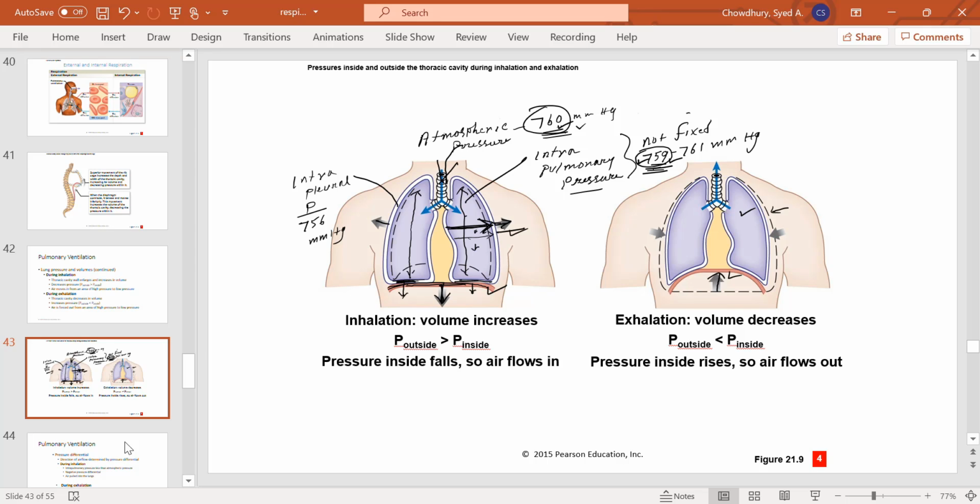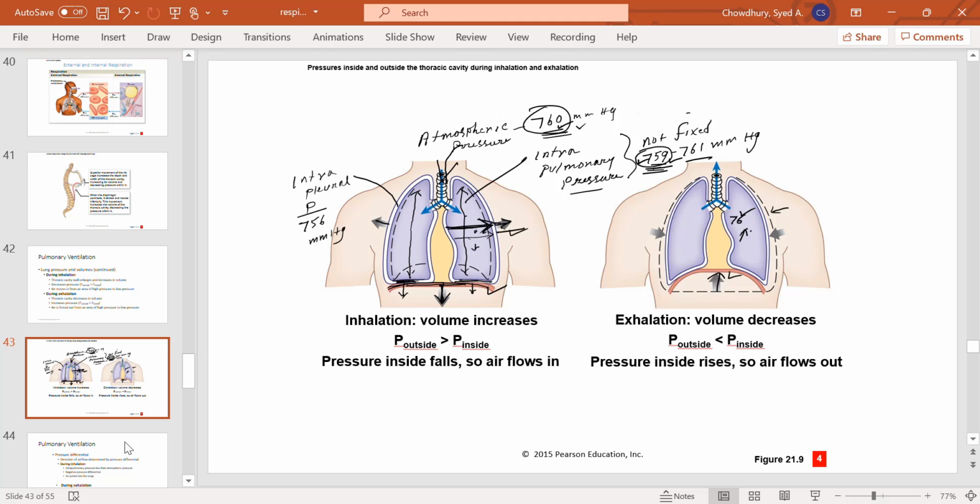So when the pressure is gone, then the lung will recoil like the elastic thing you use in your clothes. You expand by pressure, but when the pressure is gone, it will go back to its actual size. So that's the recoiling. So the lung will squeeze, so the pressure inside will go up, right? If we squeeze something, the pressure inside, the air pressure goes up, and that will go up to 761.